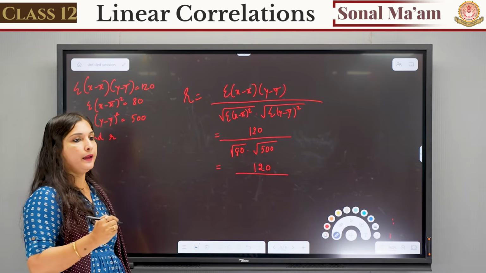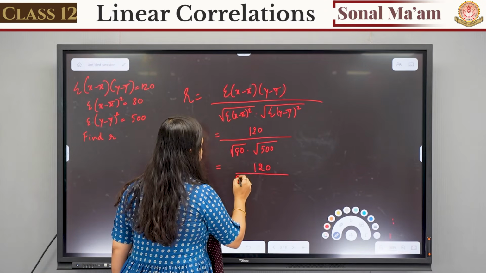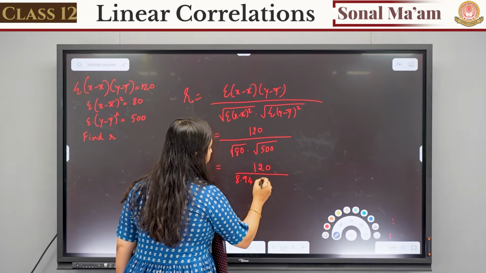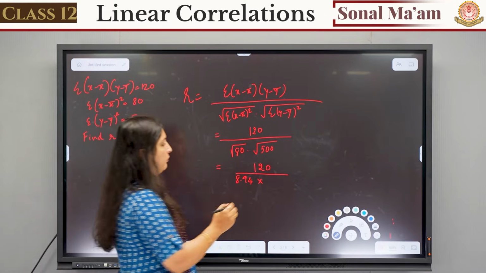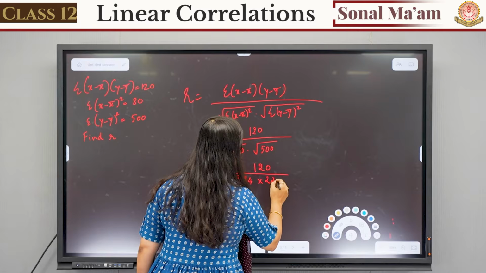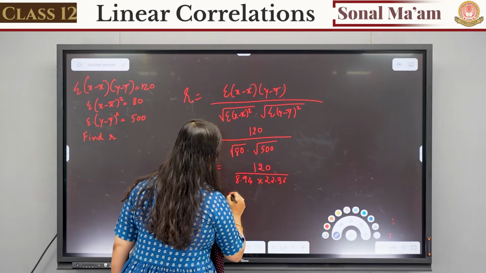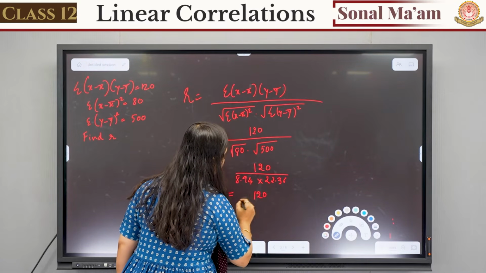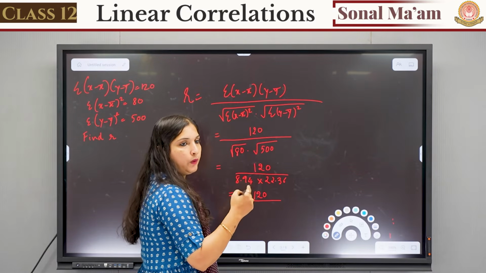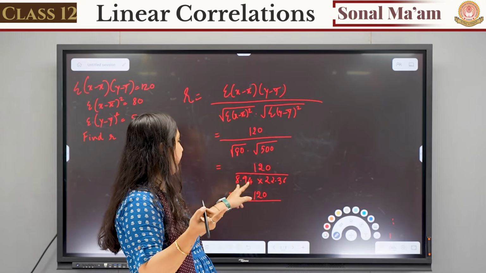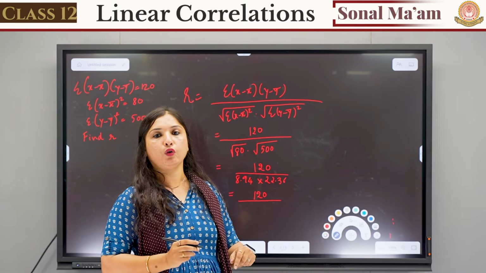The root of 80 will be 8.94, and it will be multiplied by root of 500. The root of 500 will be 22.36. Next step, 120 will be divided by, you have to multiply both of them, 8.94 multiplied by 22.36.